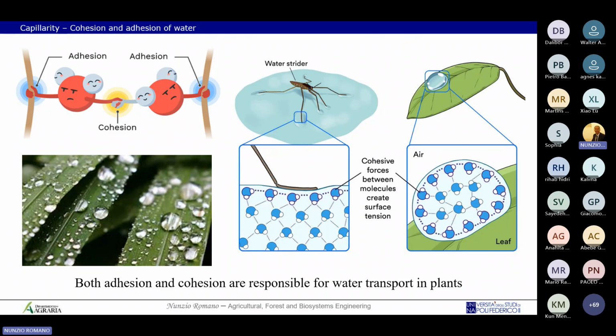This happens for water, but for mercury the situation is completely different, because cohesion is much stronger than adhesion in a mercury liquid. Anyhow, we're talking about water, and both adhesion and cohesion forces are responsible for water movement from soil to the roots and into the plant.